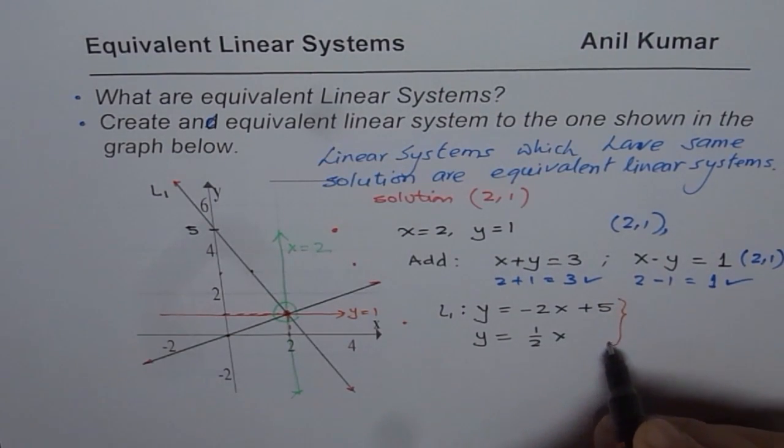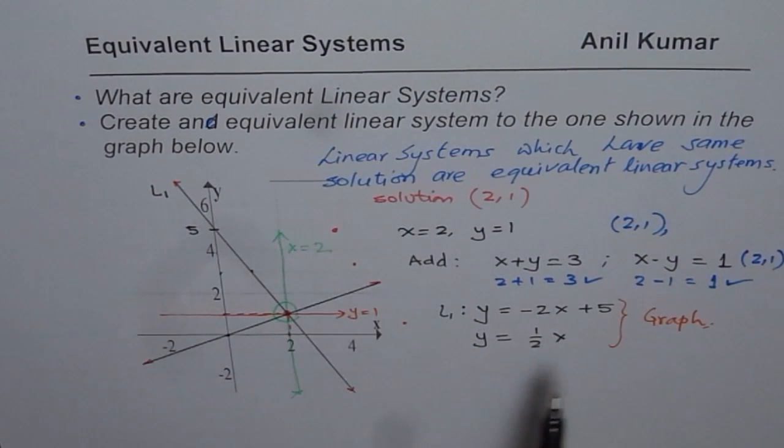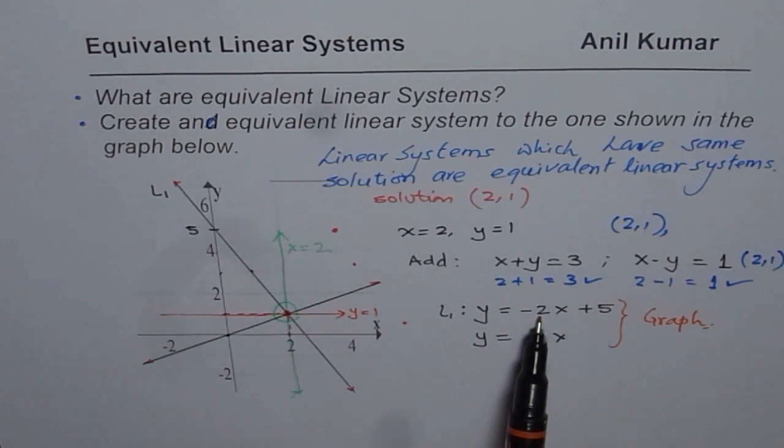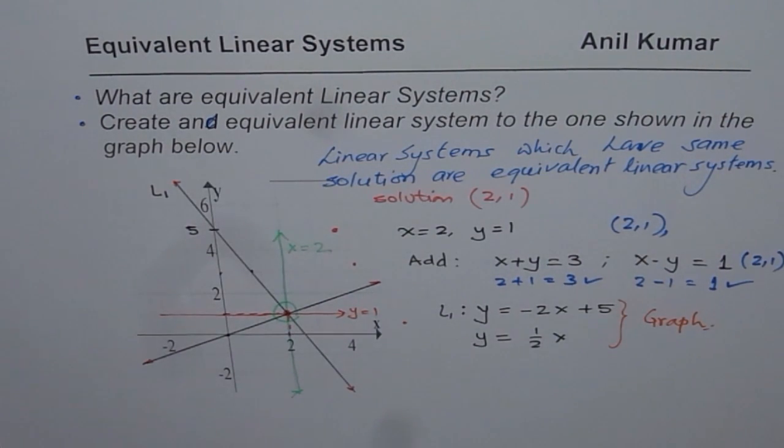The graph is given to you. So this is the graph, right? You will notice that if I substitute x as 2, I get y as 1. That's correct. If I substitute x as 2, 2 times minus 2 is minus 4, and minus 4 plus 5 is also 1. So the solution for all these linear systems which we have discussed is the common point (2, 1), and therefore all these systems are equivalent linear systems.